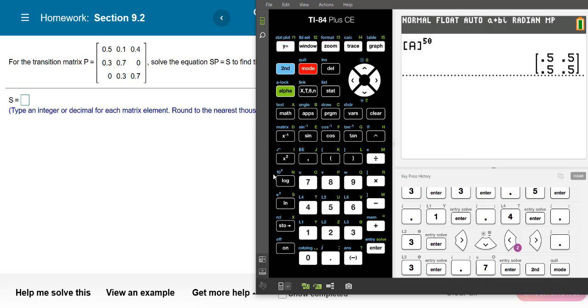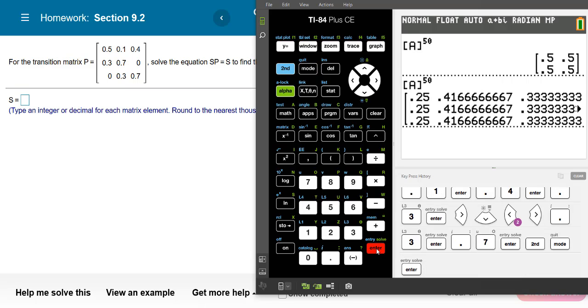We do that matrix raised to some large power. Now, since I just did the A matrix raised to the 50th power, and I just typed my new matrix as A, I can simply press the Enter key. And again, as long as all 3 rows are identical, then we have found the stationary matrix.